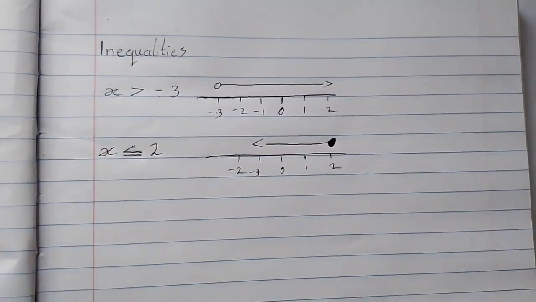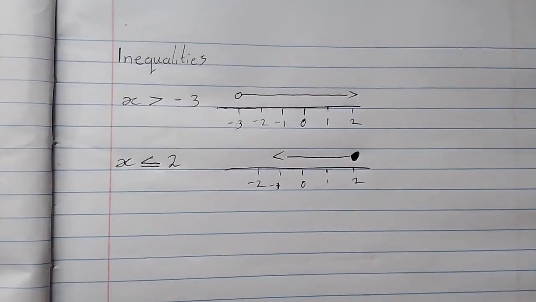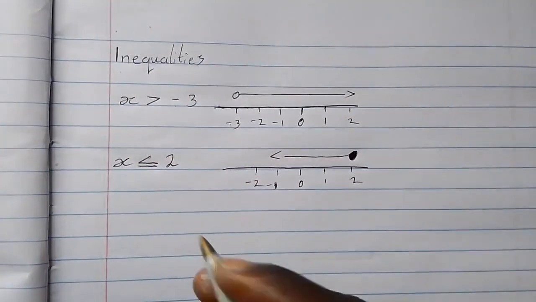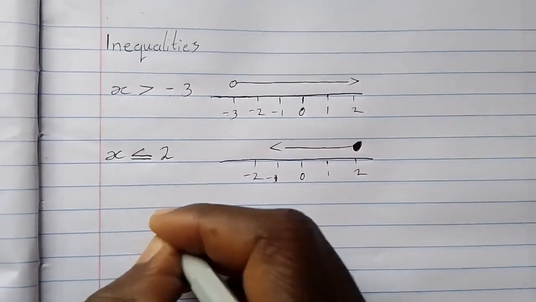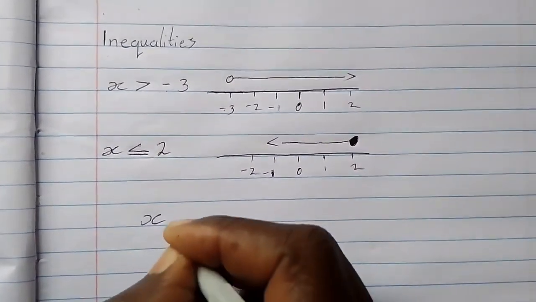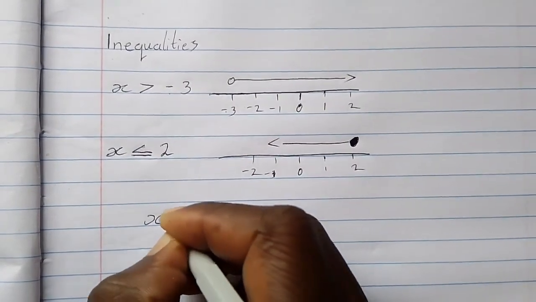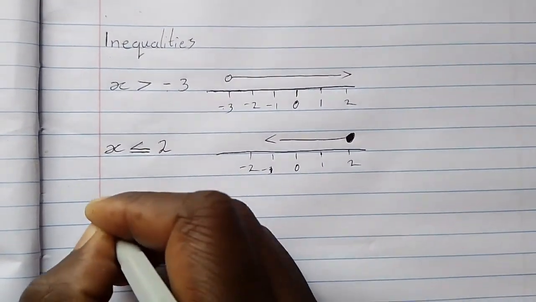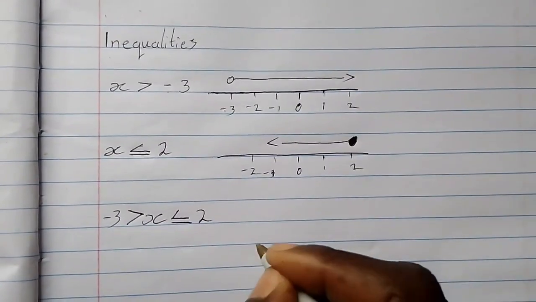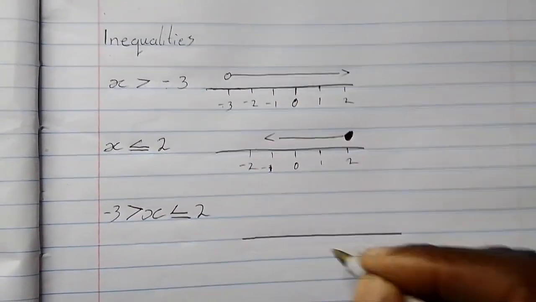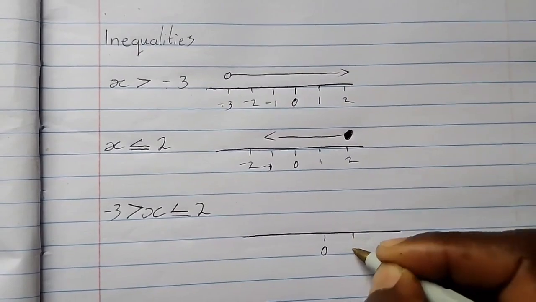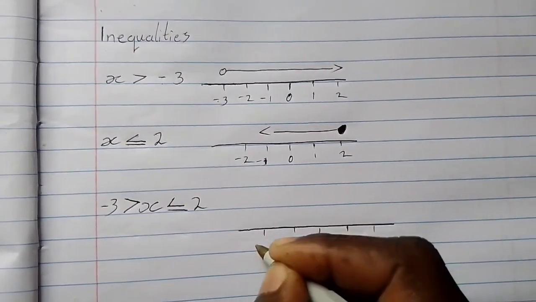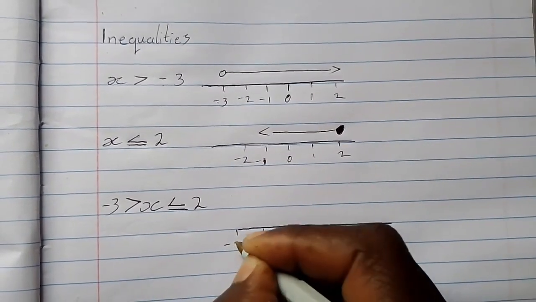So this is how you represent them. If the two inequalities are together and it becomes like a simultaneous inequality like this, minus 3 less than x less than or equal to 2, you represent them like this, which is 0, 1, 2, minus 1, minus 2, minus 3.